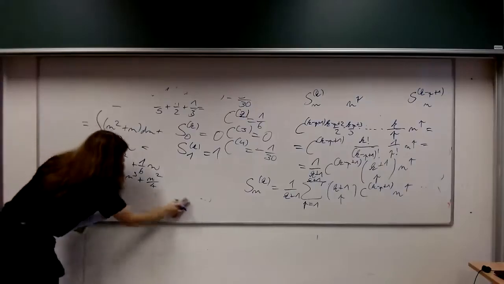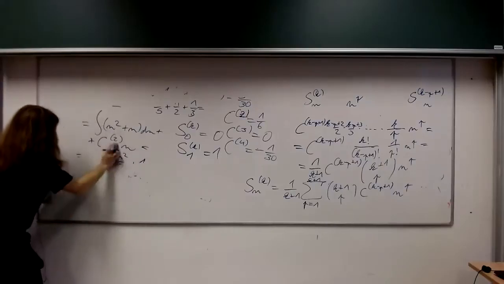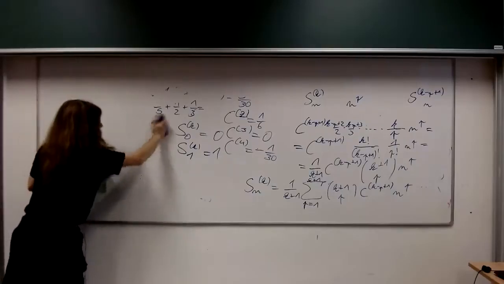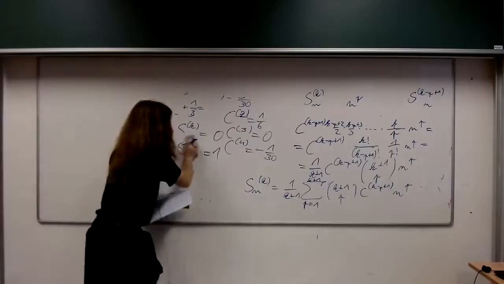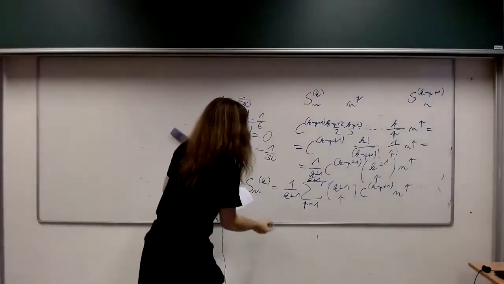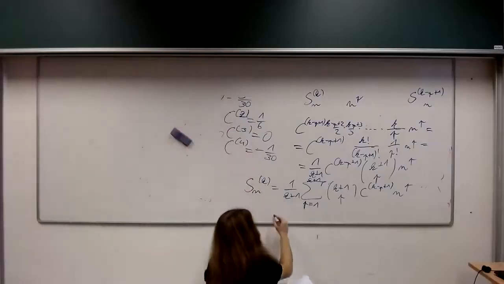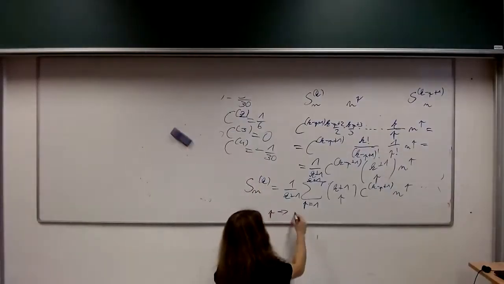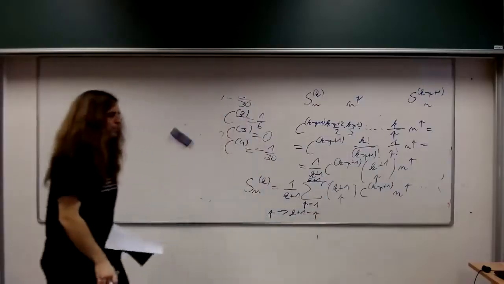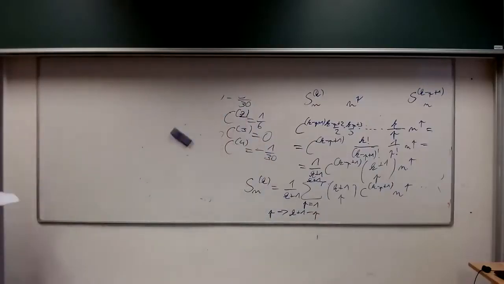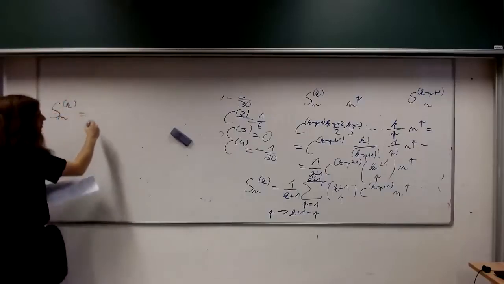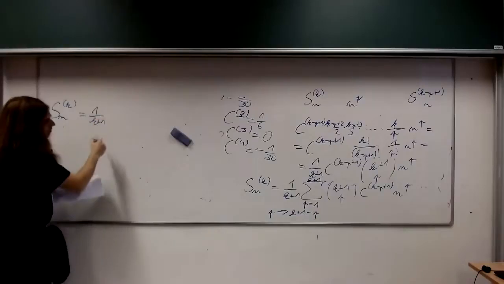We can make it a bit nicer just by switching around the p. Instead of p, we will put k plus 1 minus p, just to make it a bit nicer. And we get S_n to the k is 1 over k plus 1.